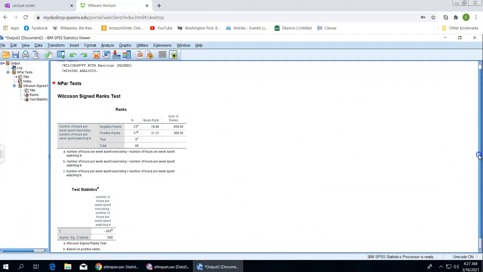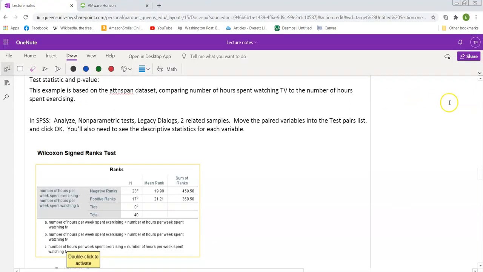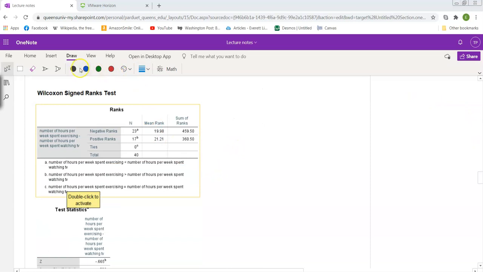And that's our output, which I've already copied over here. So in this output, some things we're going to need. We are going to need this right here, which is our sample size. So this is the number of pairs.